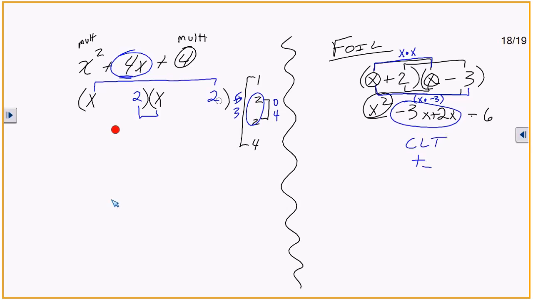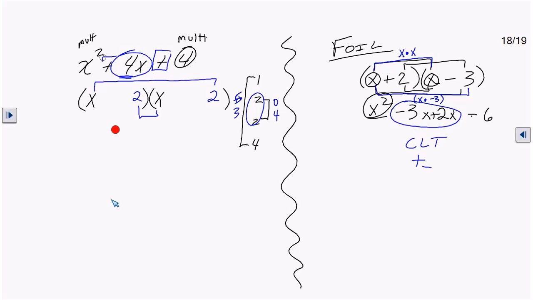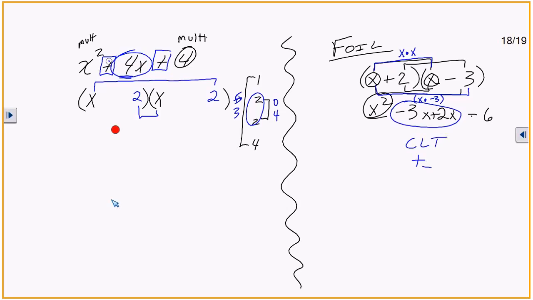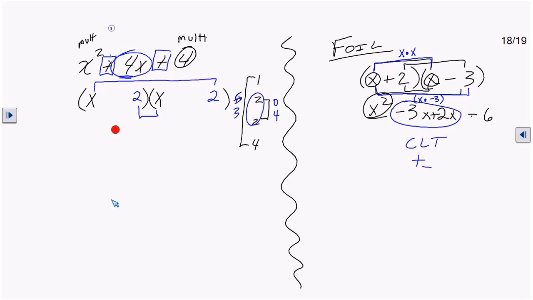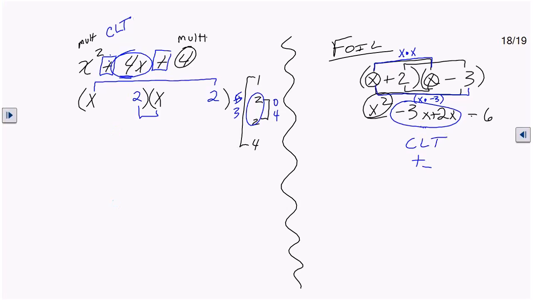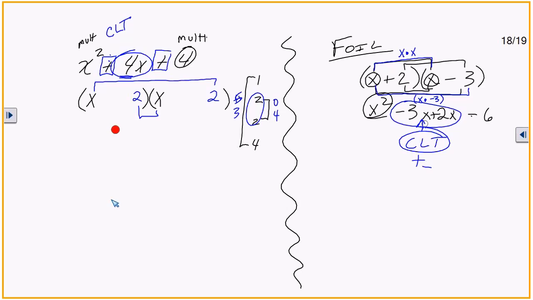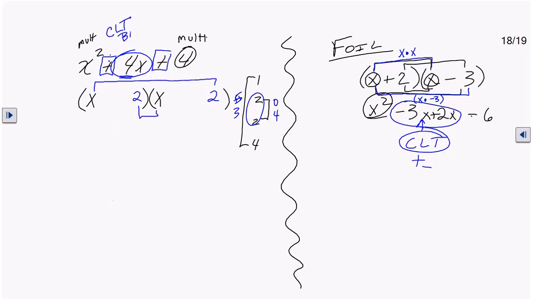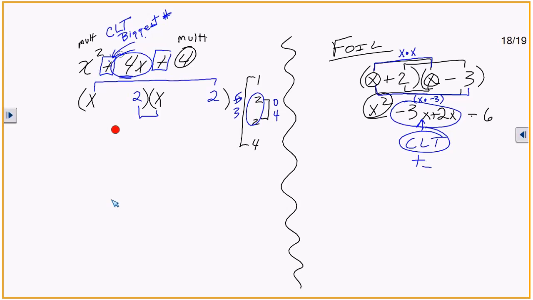This sign and this sign, we get this sign by combining like terms. So combining like terms, the biggest number has to be that sign. In this case, 2 and 2 are the same number, so I just pick one.